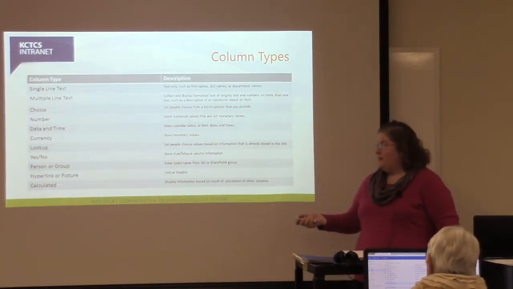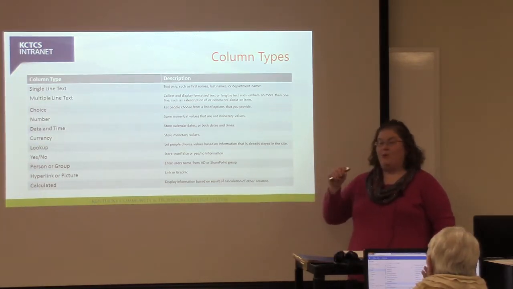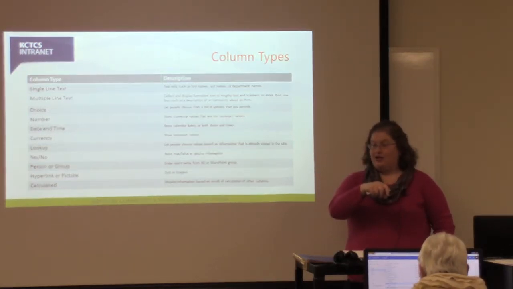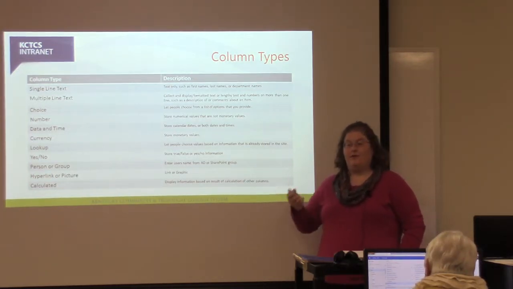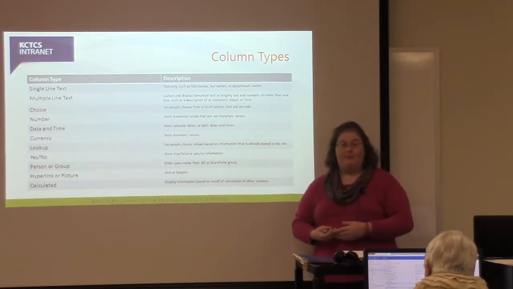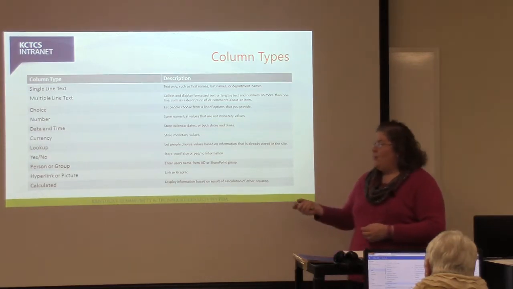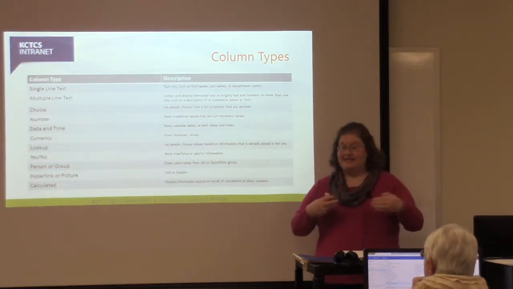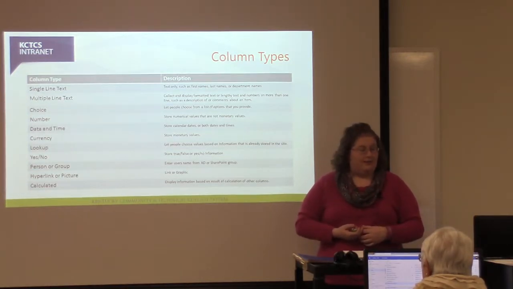So we used a calculated column, first communication, and we were able to put in a formula that basically said, take the target migration date and subtract 21 days, and that's the date the first communication should go out. So it automatically populated for us when communications should happen, and then we were able to take that information and put it in a calendar view so we could see the dates that communications should be sent. So that's one way you could utilize a calculated column.